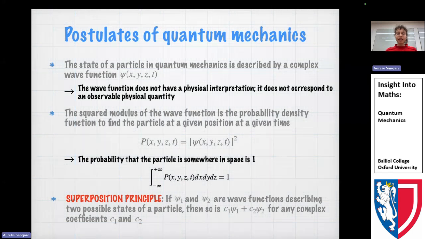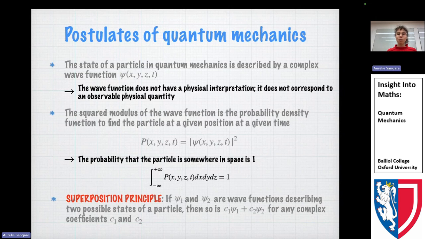And this probability is equal to the squared modulus of your complex wave function psi of x, y, z, t. And because the probability that your particle is somewhere in space is 1, the integral on the slide here evaluates to 1. So let me try and make you visualize this.